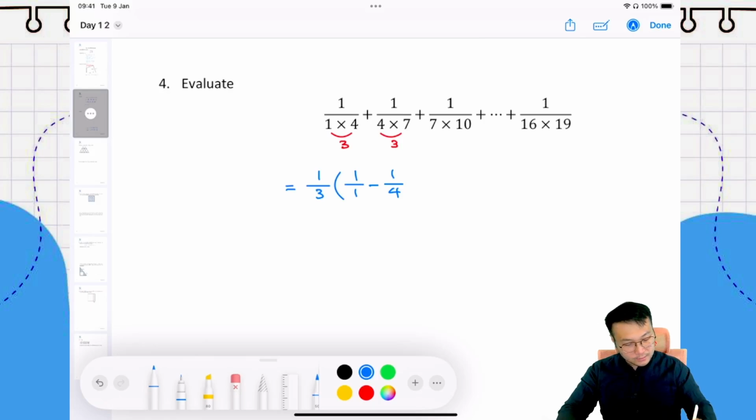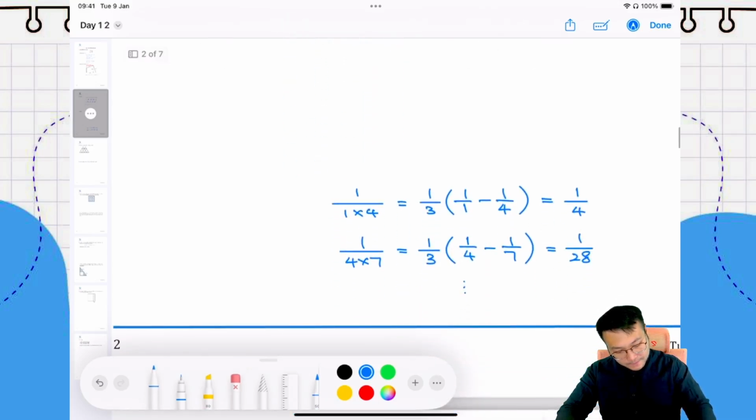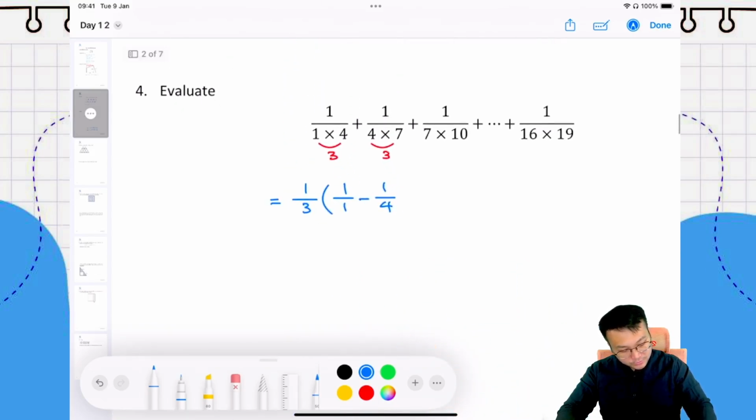But not only that, 1 over 4 times 7 is also equal to 1/3 times 1 over 4 minus 1 over 7. So I can just continue because I already have the 1/3 here. Sorry, this is a plus, plus 1 over 4 minus 1 over 7.